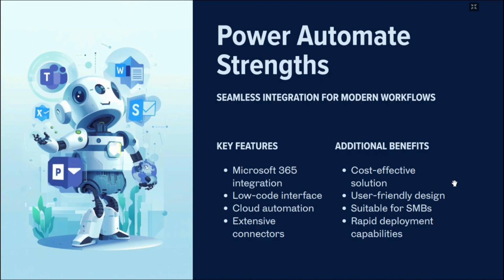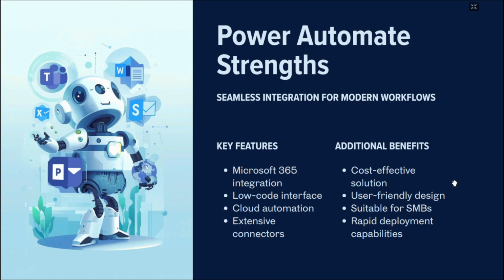Extensive connectors: it also provides connectors to connect with various applications available in the market today, using which you can connect to, suppose, Gmail, Google Drive, or Teams, and you can trigger any steps or actions in those applications.